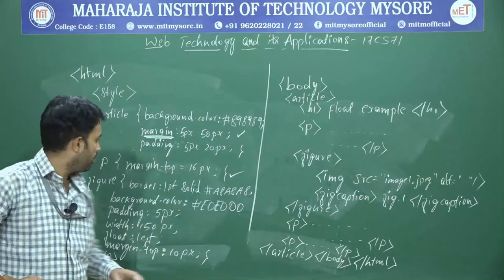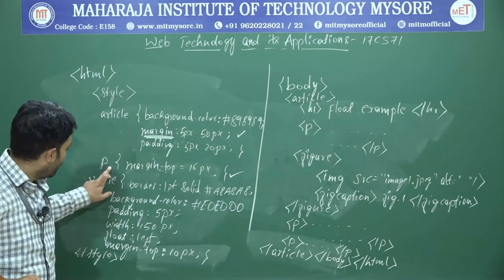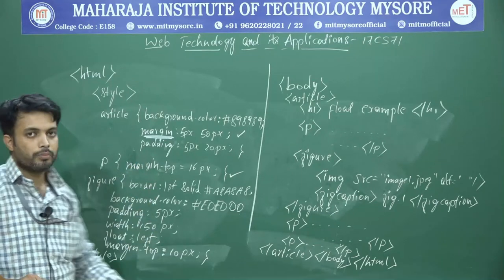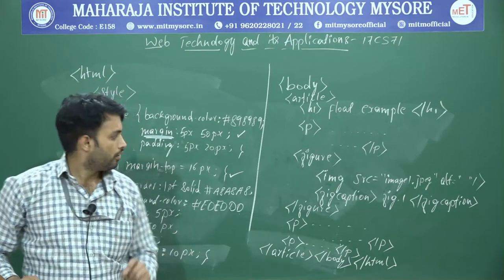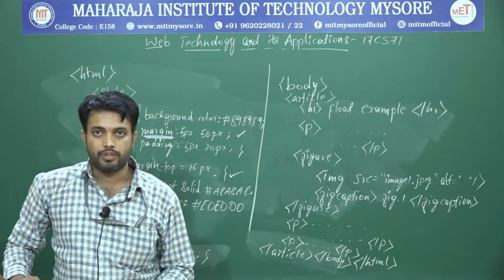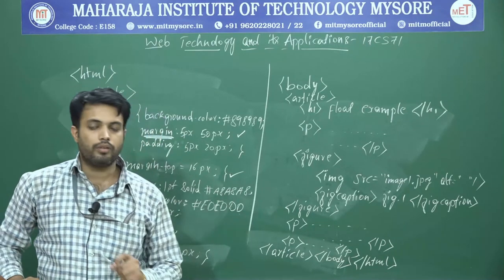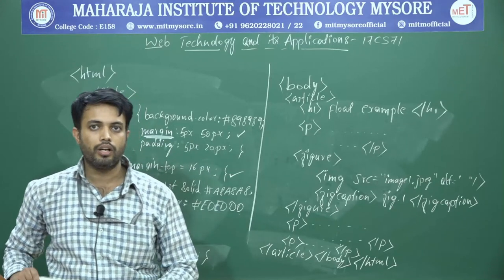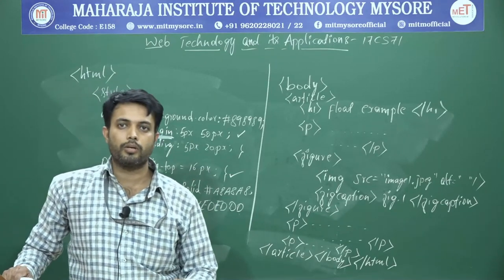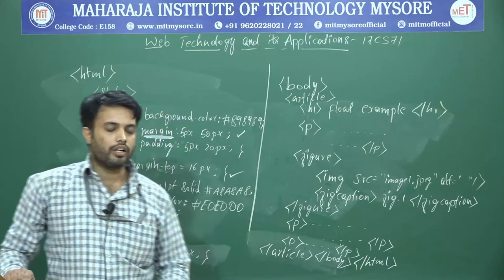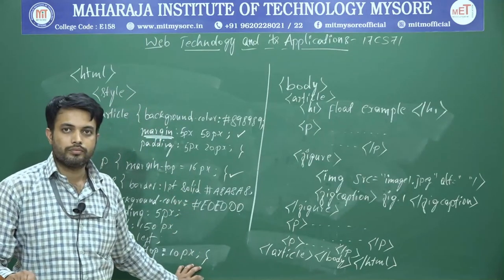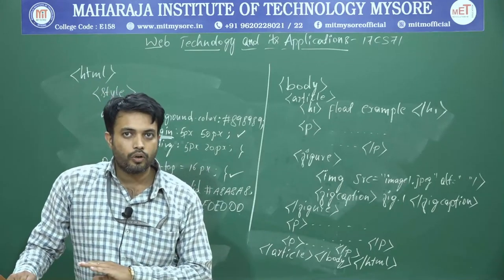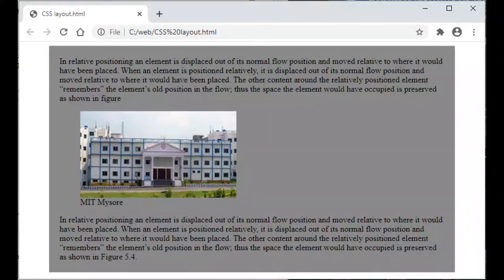Now you can observe that there are two separate margins, one for the paragraph and another for the figure. These margins are not collapsible. That means we can't collapse these margins. You have already seen in our table borders that we can collapse the borders, right? Like that, here we can't collapse margins. So for block level floating elements, we can't collapse margins.